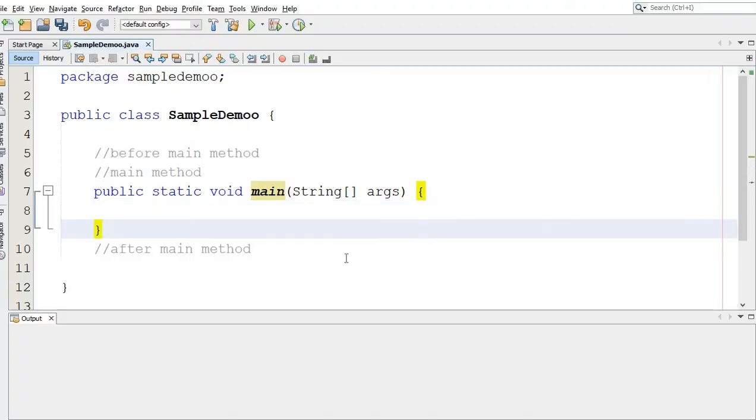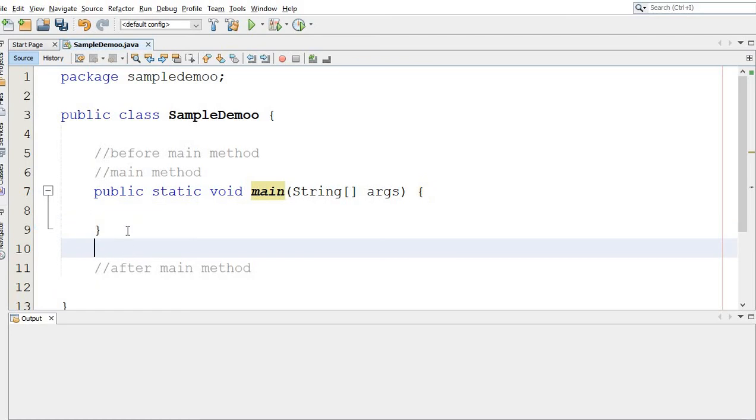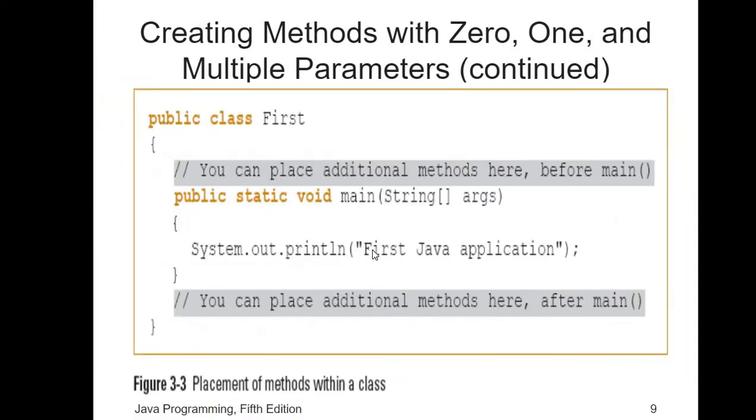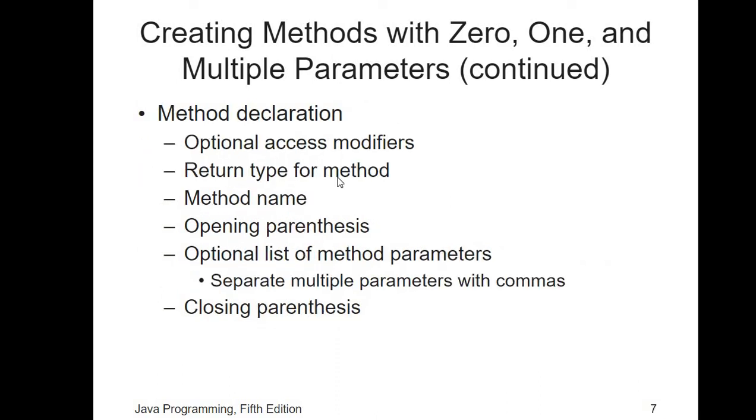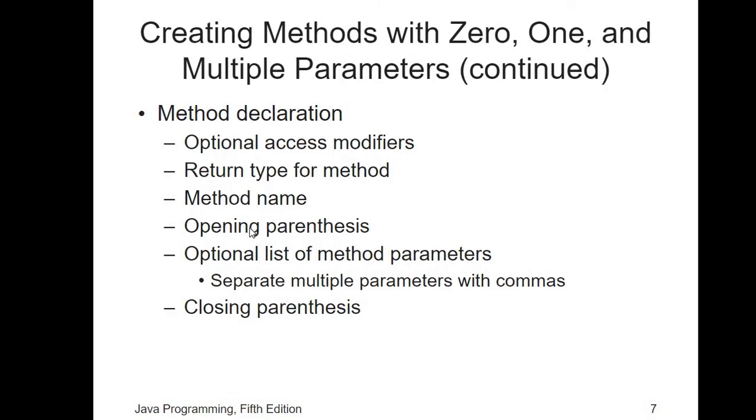When you create or declare a method, after access modifier, public, static, this is now our return type, which is void. Void means hindi kailangan ng return. Parang 0 or null yung i-return niya. Wala siyang i-return.